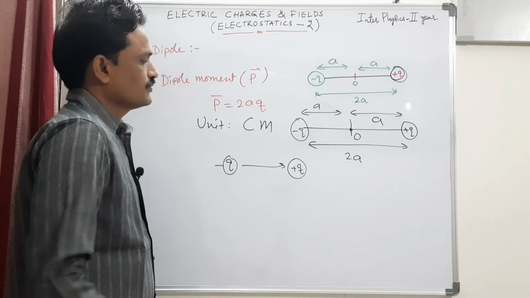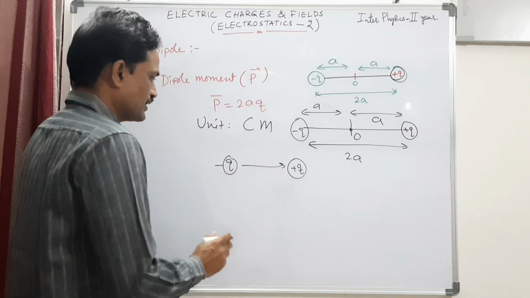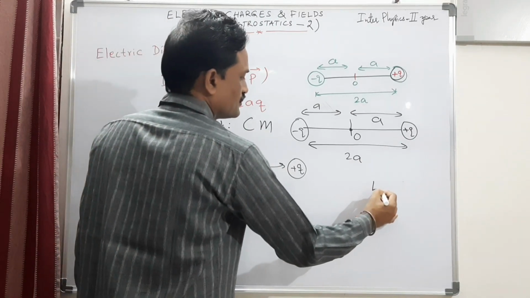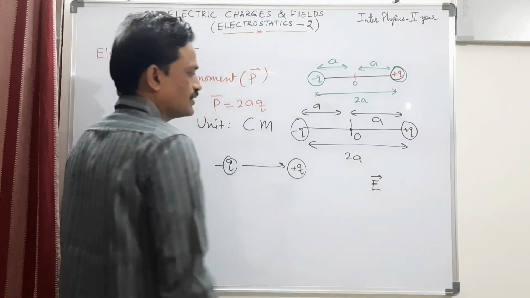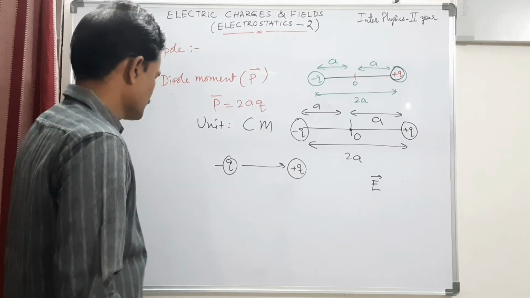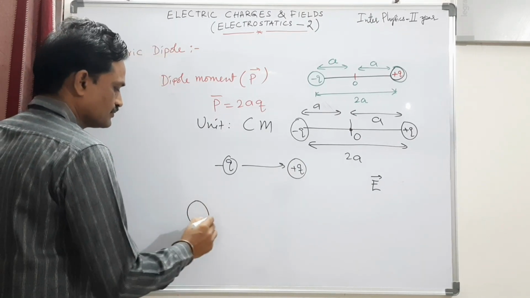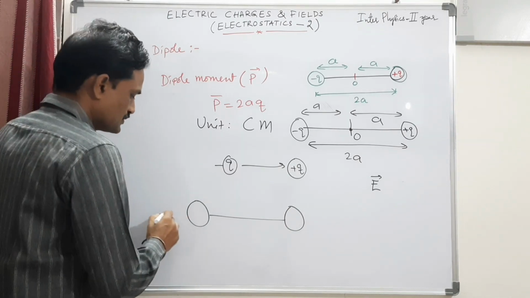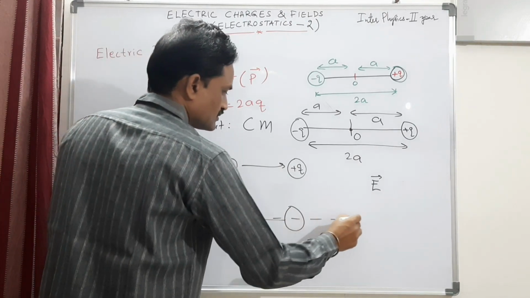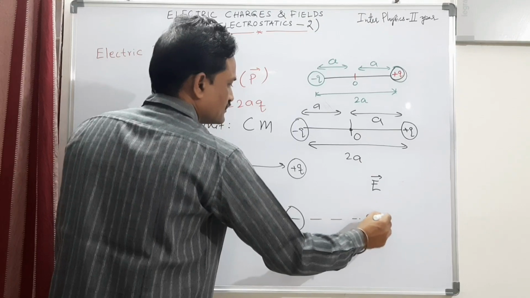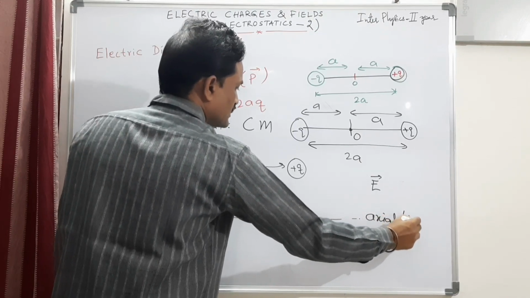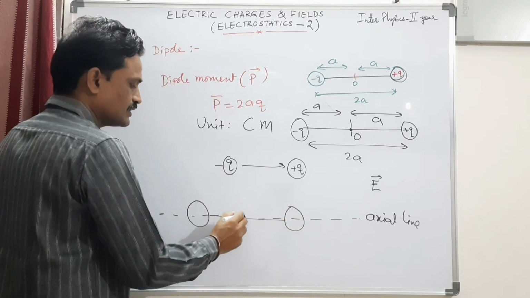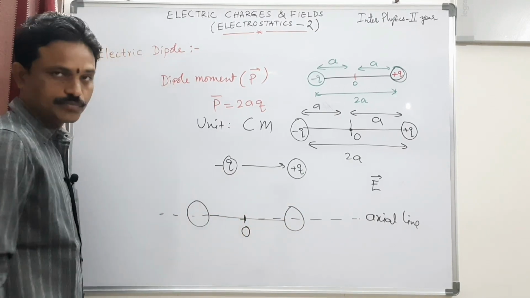Now, we consider an electric dipole and try to find the intensity of electric field due to a dipole. In the case of a dipole, we define two types of axes. The axial line is the imaginary line passing through the two charges as well as the center O of the electric dipole.